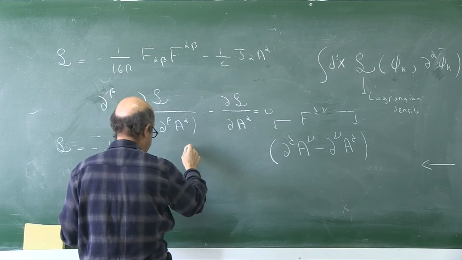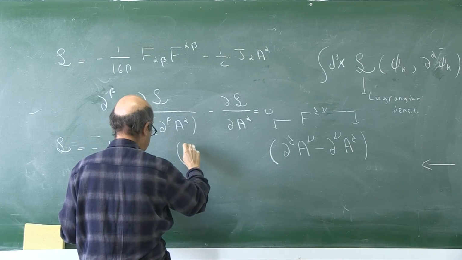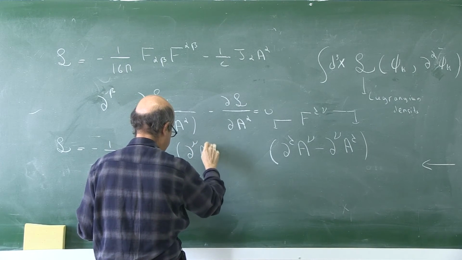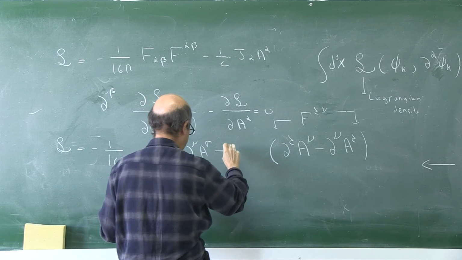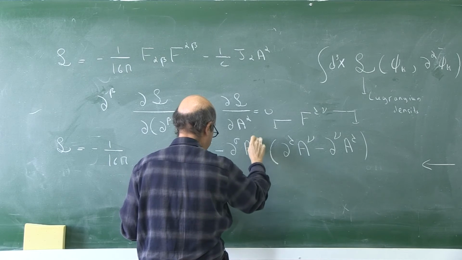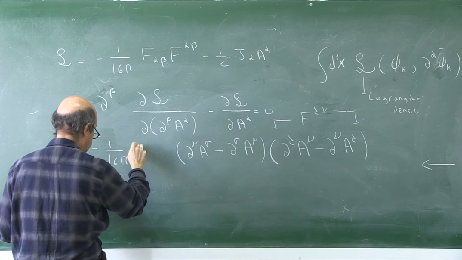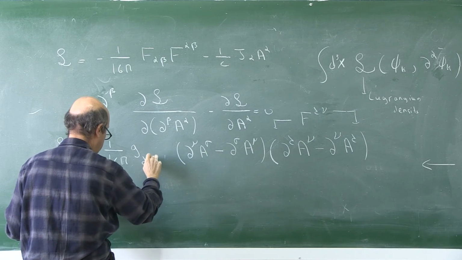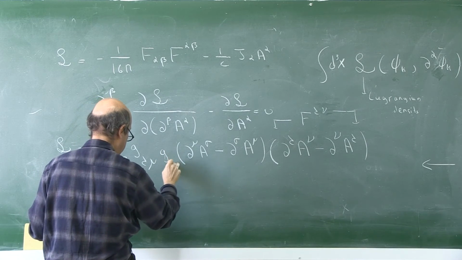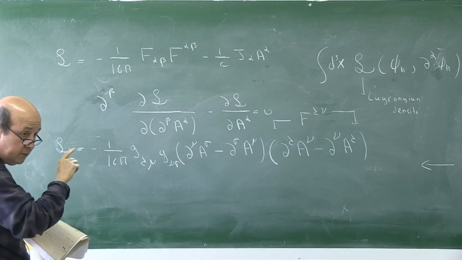But I can write this whole stuff in the following form: del mu A sigma minus del sigma A mu, and here use the metric tensor g lambda mu, g mu sigma. So let us look at what we have done.